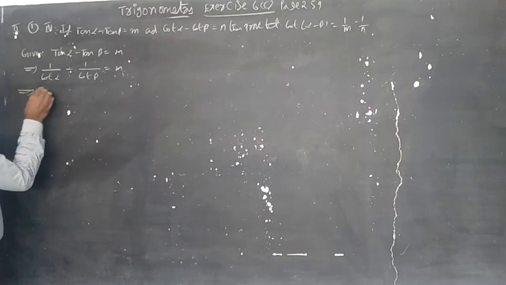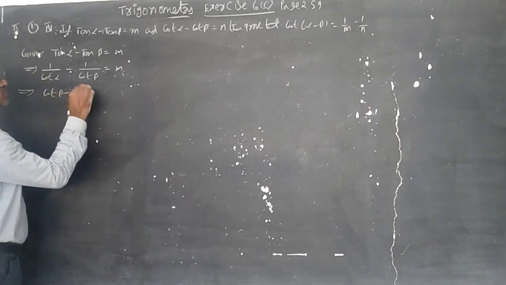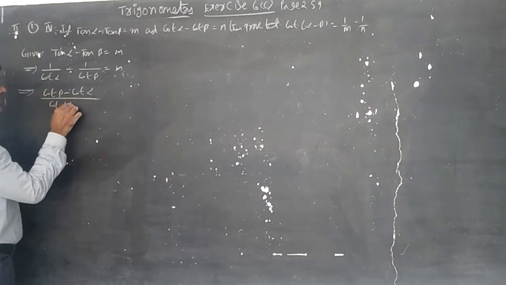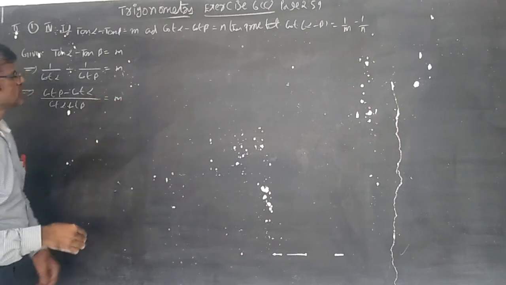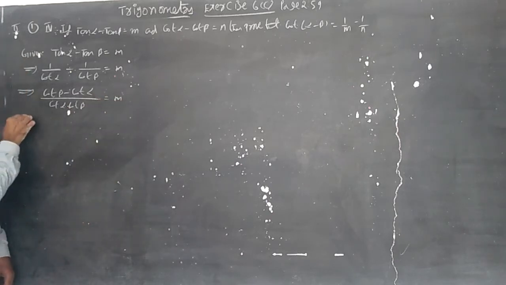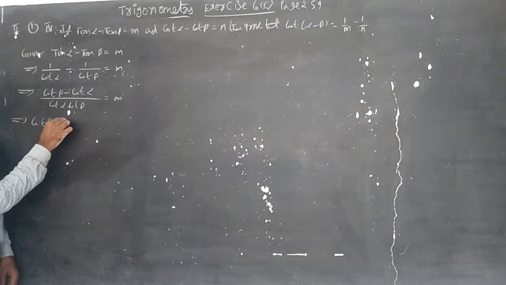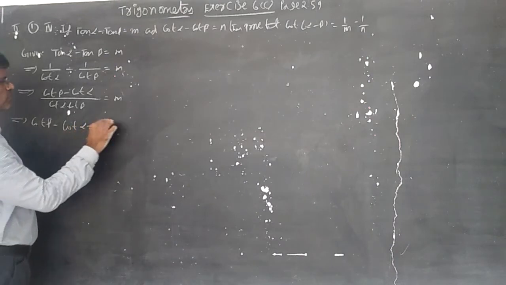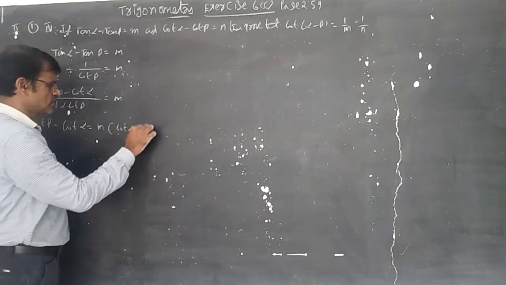Take an LCM. It becomes cot beta minus cot alpha whole by cot alpha cot beta is equal to m. That implies cot beta minus cot alpha is equal to m into cot alpha cot beta, we can write.